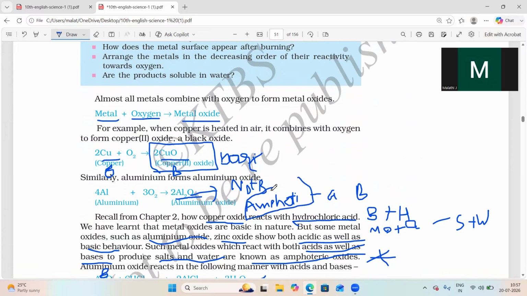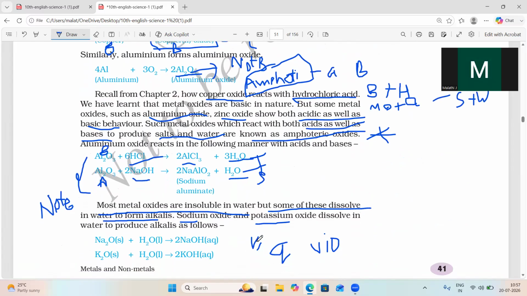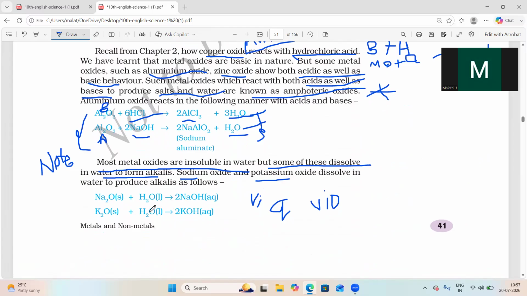Coming to the chemical properties, an important thing is amphoteric oxides; they may ask for two examples of amphoteric substances. Then, why should we keep sodium and potassium in kerosene? When sodium oxide reacts with water, we get sodium hydroxide.